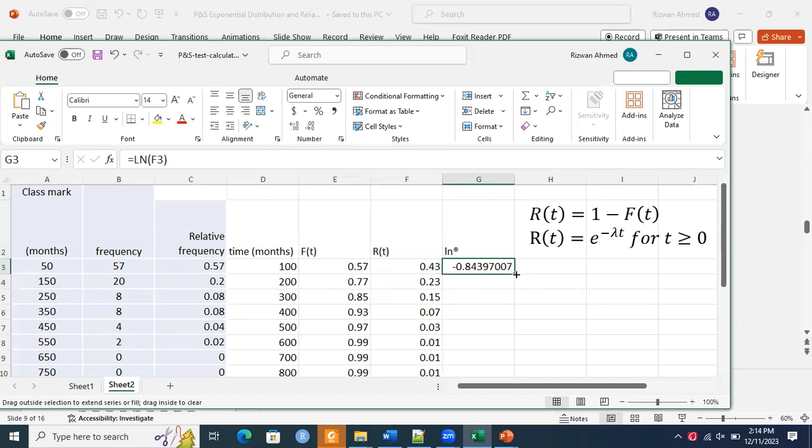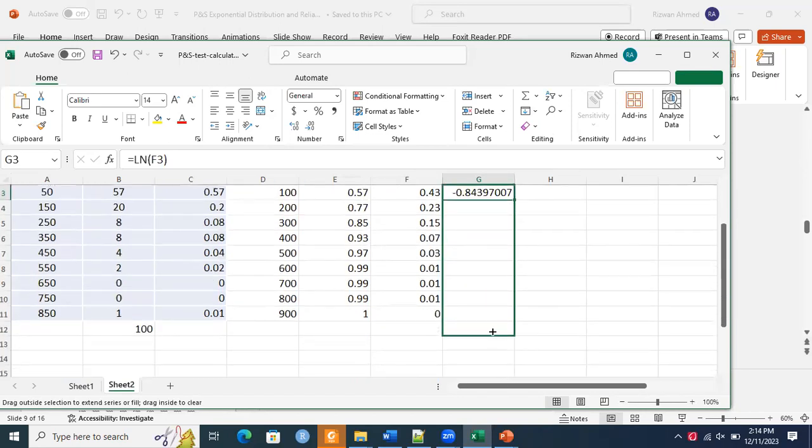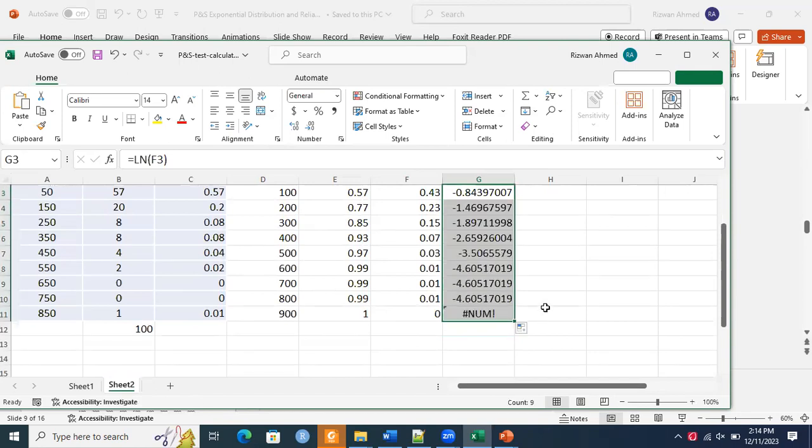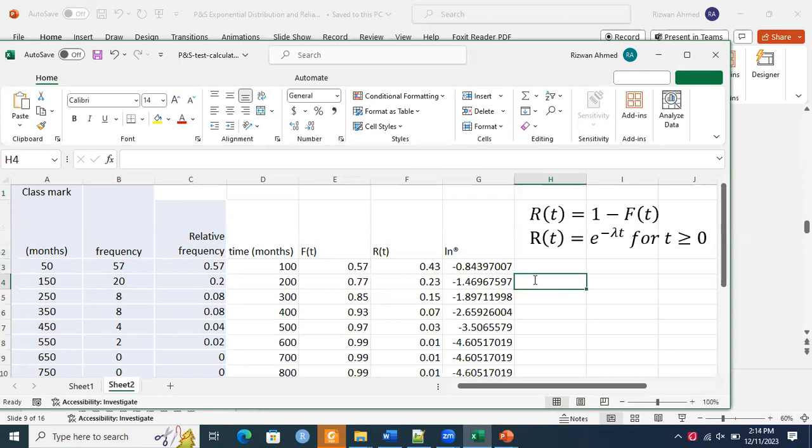So a negative value, fine. Well, log of 0 would be infinite. So therefore, from the data, I can use the earlier values. So now let's plot it.